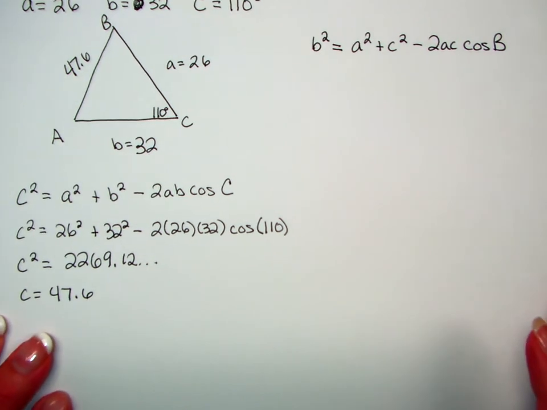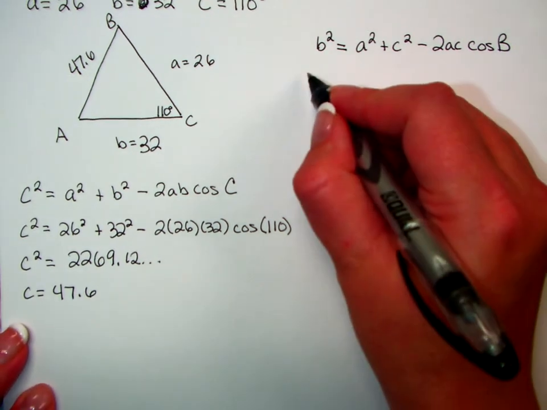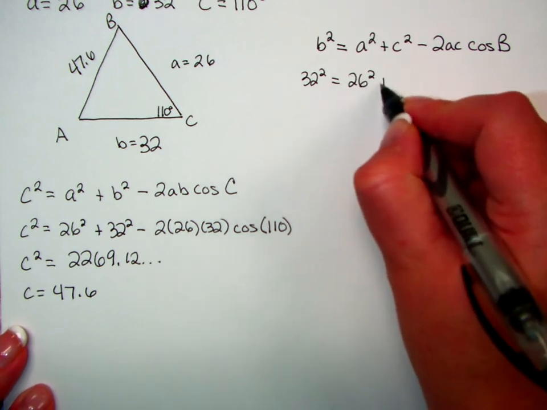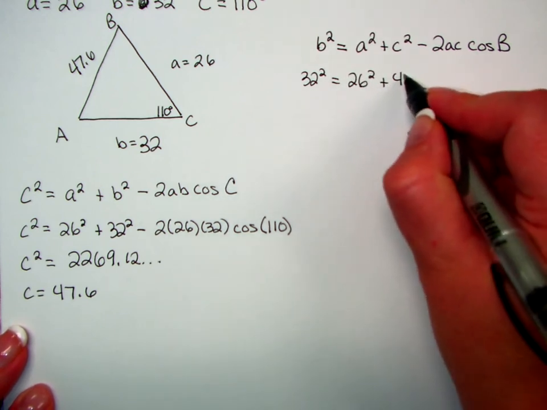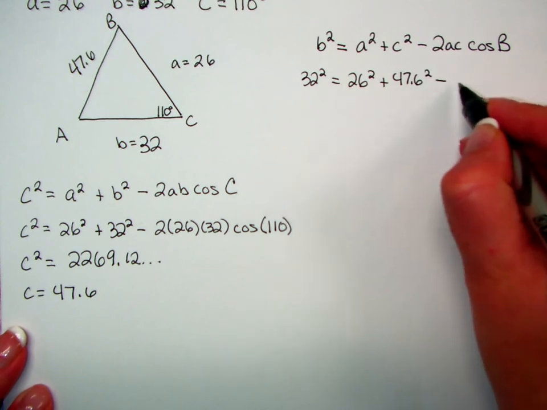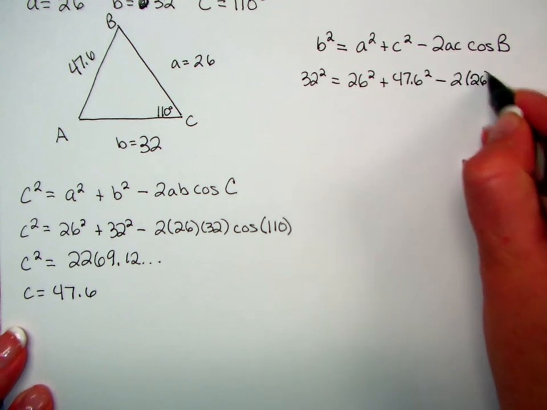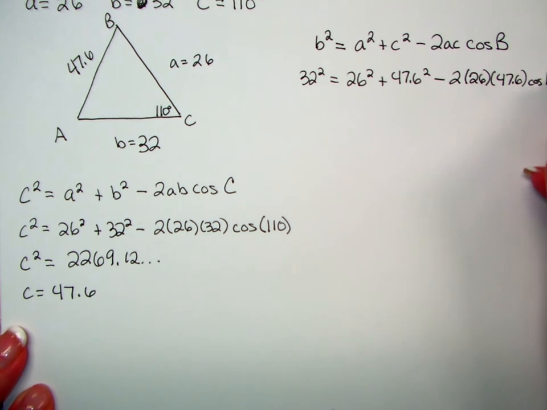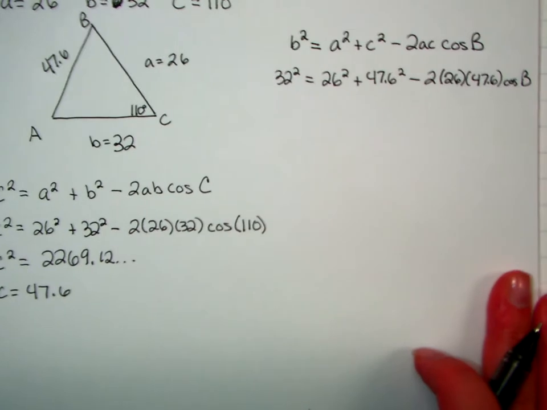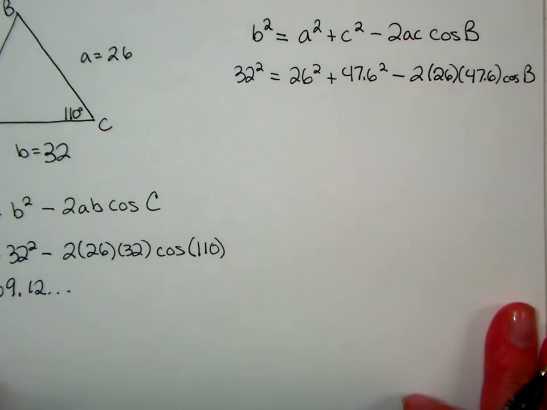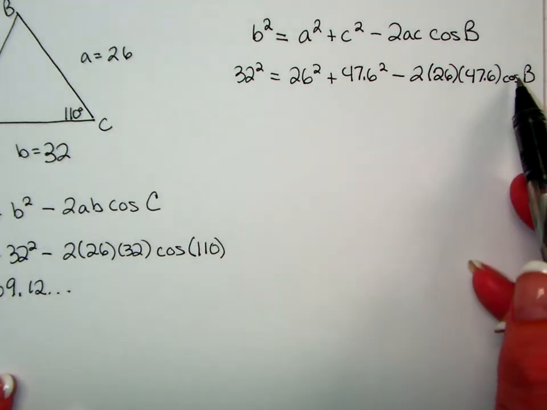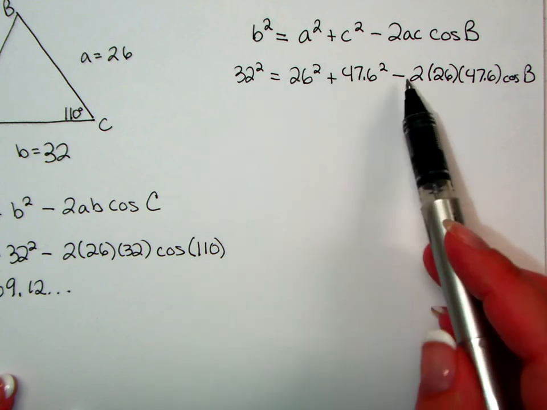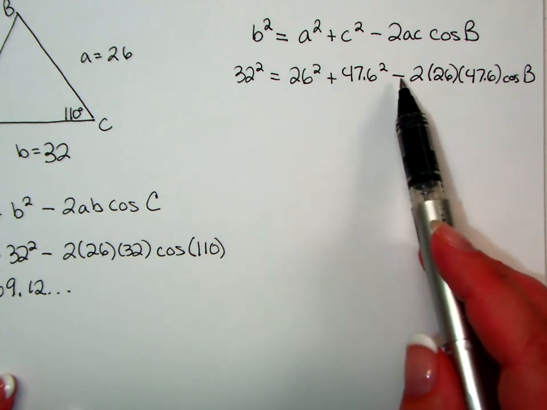So plugging numbers in, b squared equals a squared plus c squared minus 2 times a times c times cosine B. So remember, when we're solving this, we've got to solve for cosine B. But we need to move these constants over first and then divide by this coefficient, if you will.